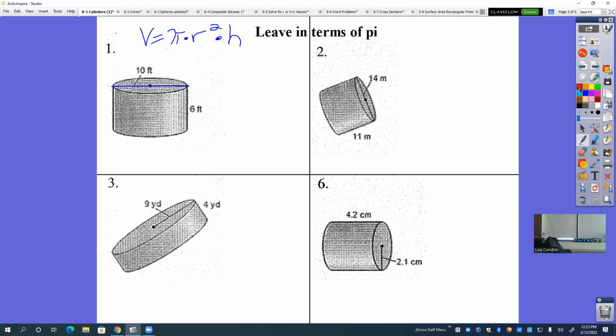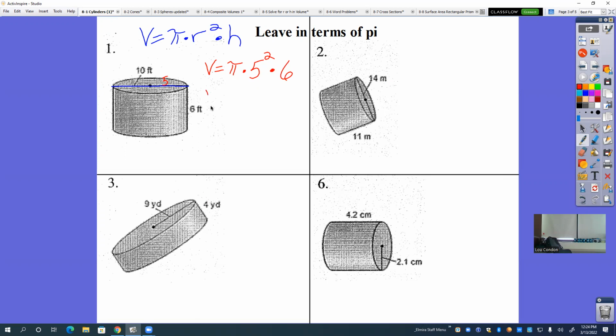If all the way across is 10, then our radius is 5. So we substitute into our formula: pi times 5 squared times the height, which is 6.